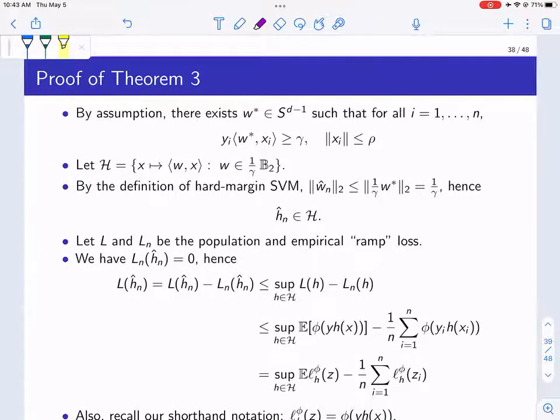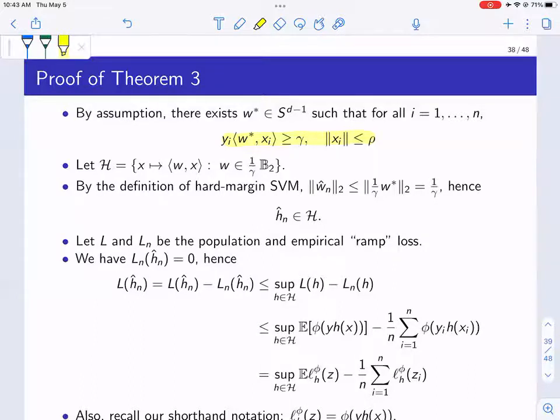Okay, so let's try to start proving this and then we'll continue next time. By assumption, there exists a W star in the sphere such that for all i from 1 to n, we have this margin condition. Both of them are part of the assumption.